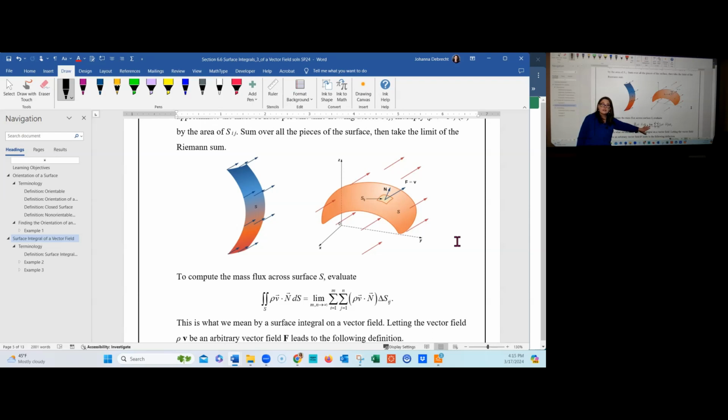And this, of course, is the limit of a double Riemann sum. This is what we mean by a surface integral on a vector field.